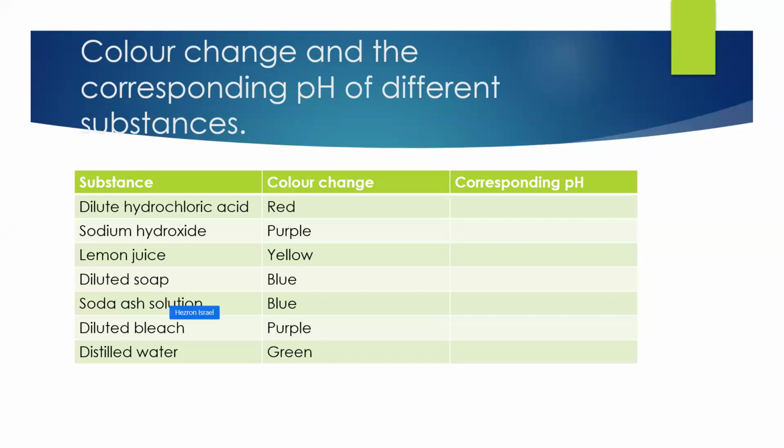Yes, Elvis? It's very acidic. Okay, what is the corresponding pH? What is its pH number, pH value? It's very acidic, but which pH value does it have? Because I told you to screenshot the colors.